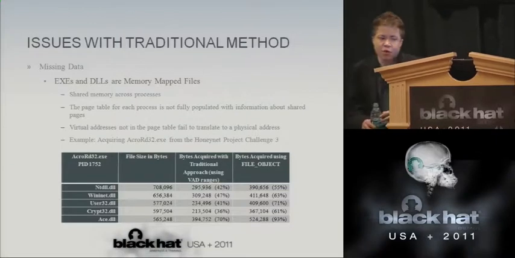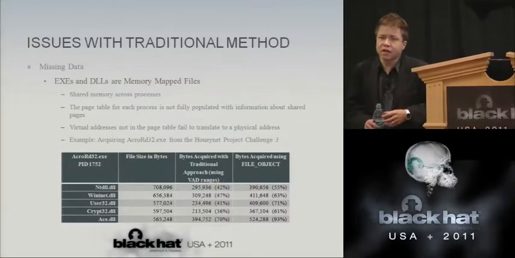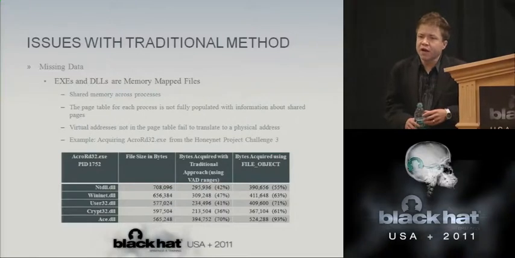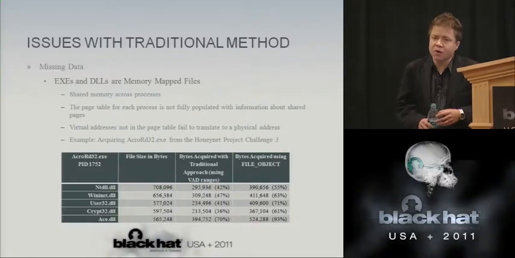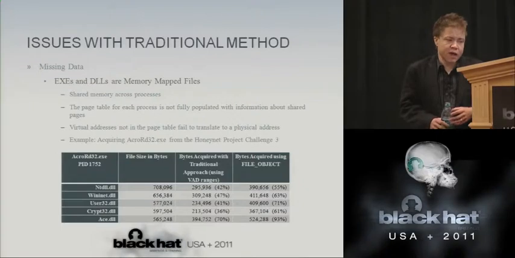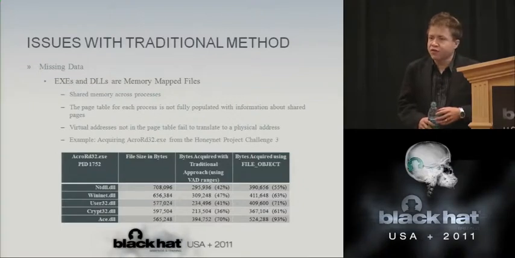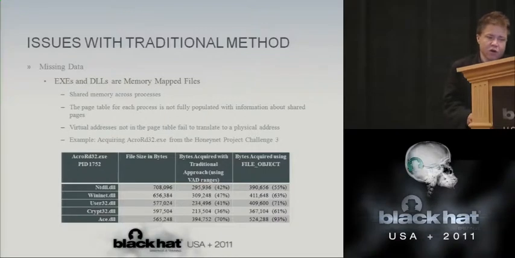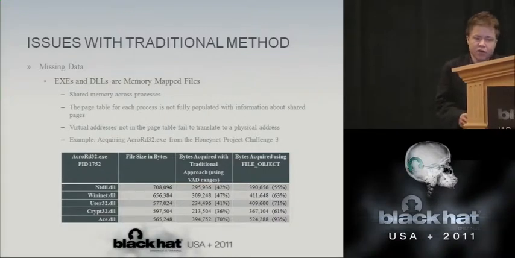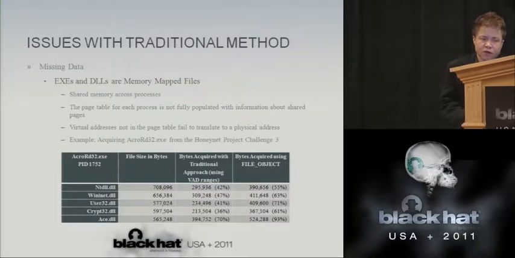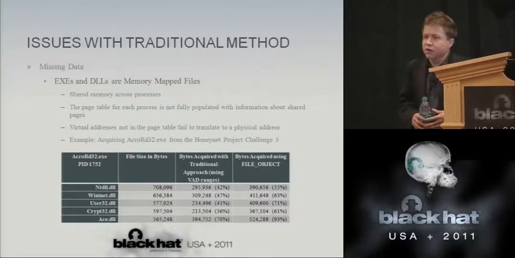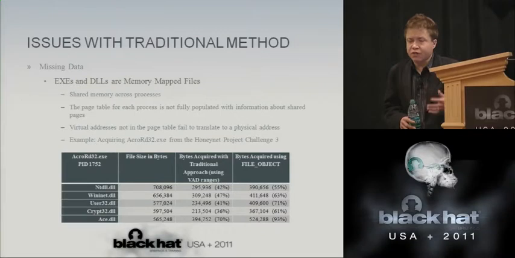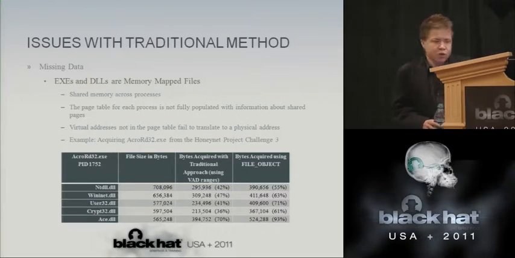Here's a quick example where we've taken the HoneyNet Project Challenge 3 from about a year and a half ago. We tried to acquire the Acrobat Reader process from that image. This is an image given to you, and you can actually recreate this at home. I've acquired the Acrobat Reader using the traditional approach. You see in the table I just chose about 5 DLLs at random to acquire out of memory.